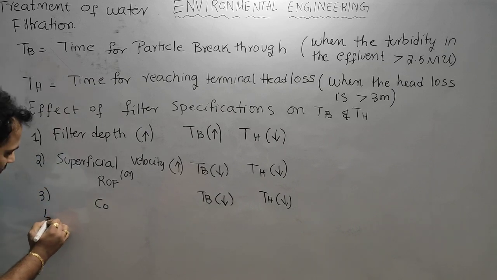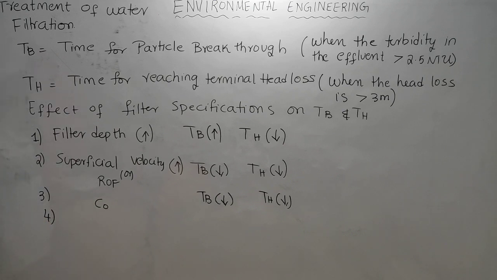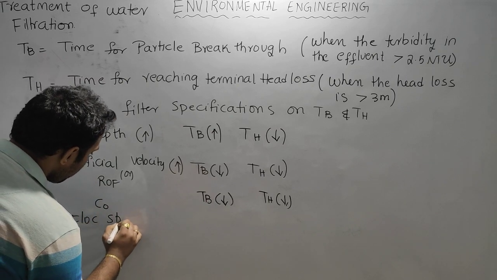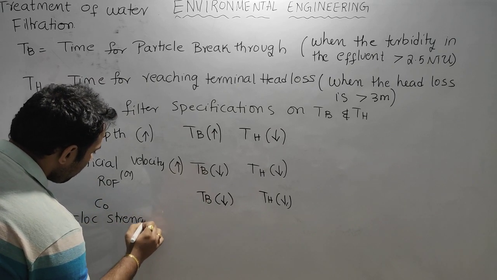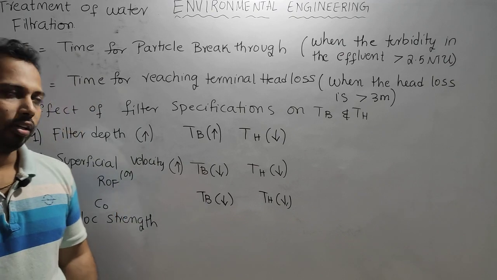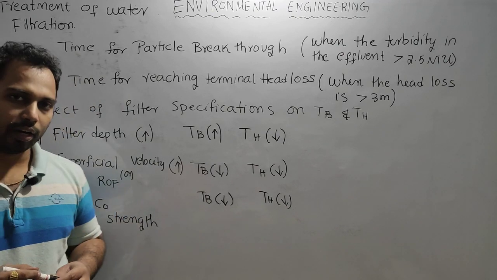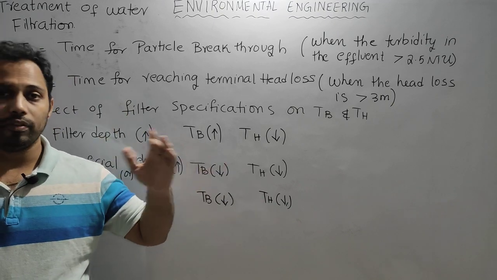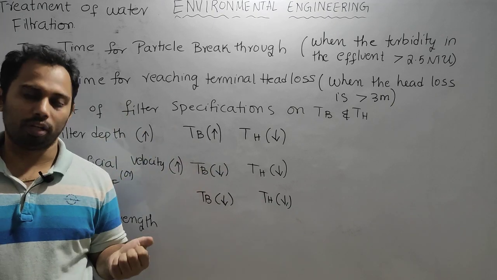Okay, now the next one is flock strength. Generally, if we bring water into the filter from the secondary sedimentation tank, then the water which is coming will have unsettled flock in it.